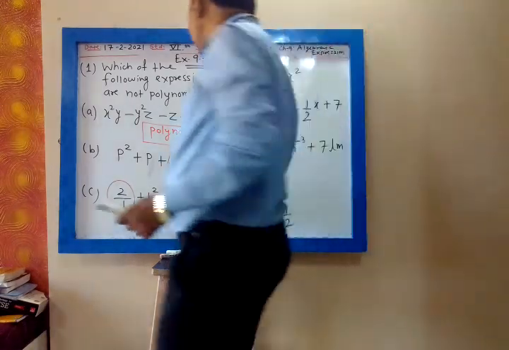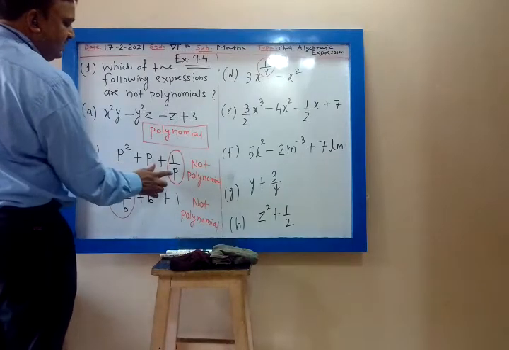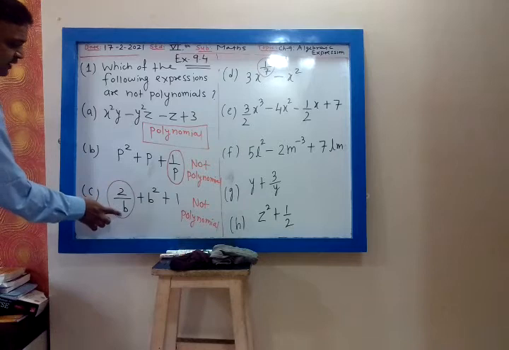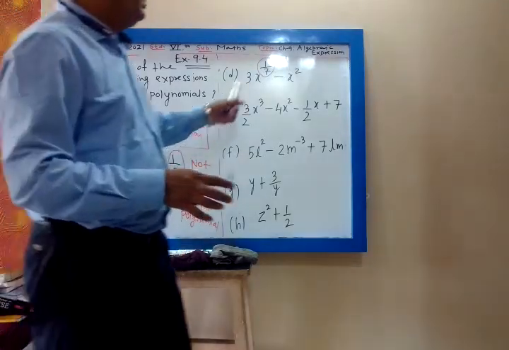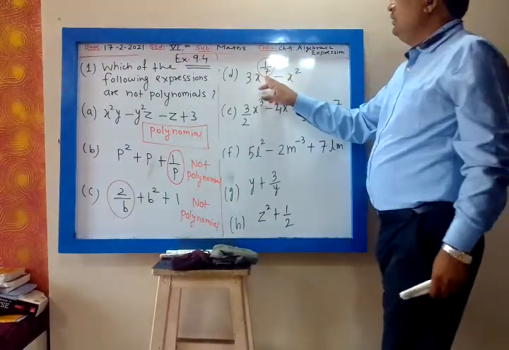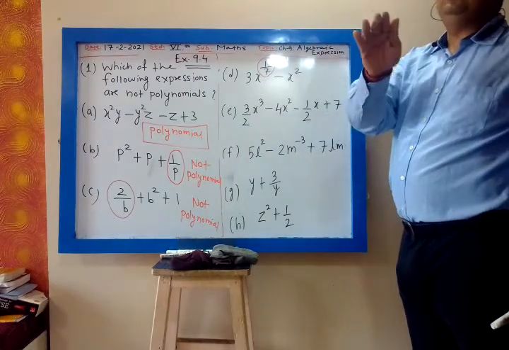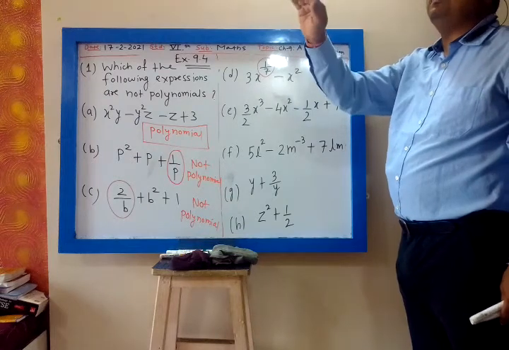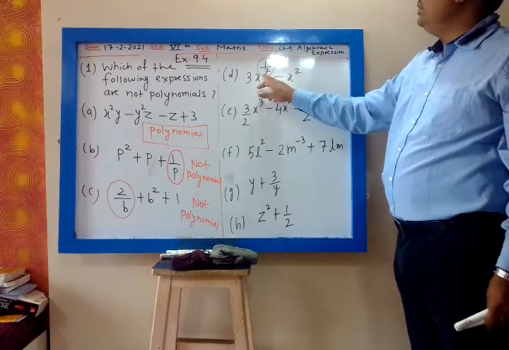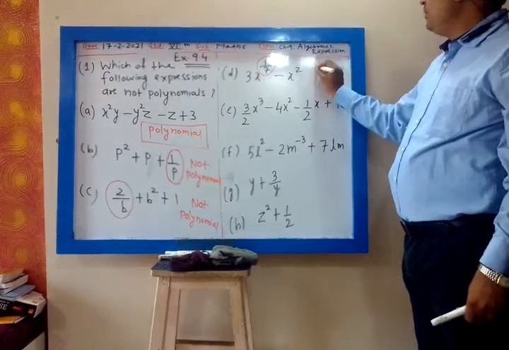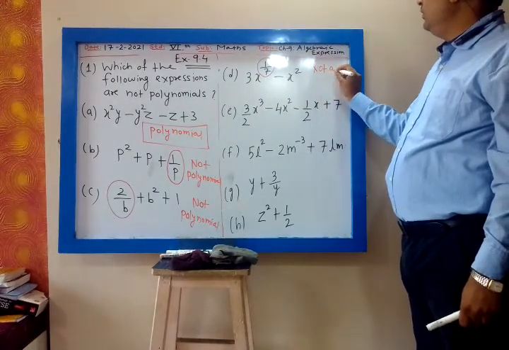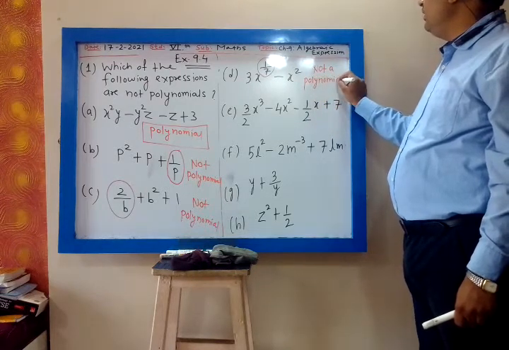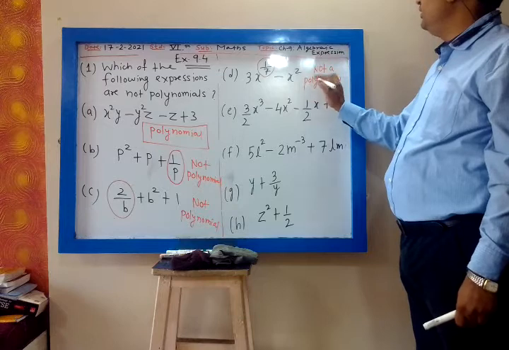But in the previous two, p and b are in the denominator, so they are not polynomials. In this d part, the power must be either 0 or greater than 0: 0, 1, 2, 3, 4, and so on. They are the powers of the polynomial. Here the power is a fraction, so it is not a polynomial.